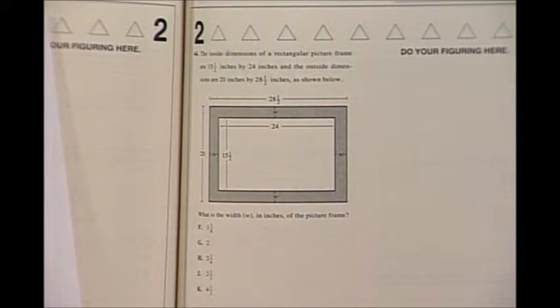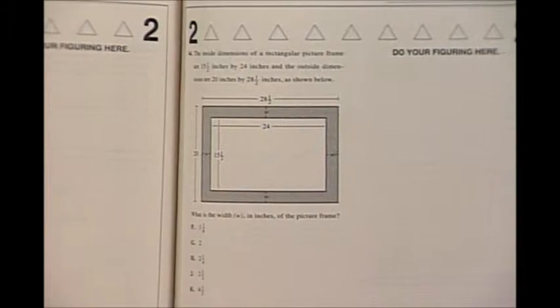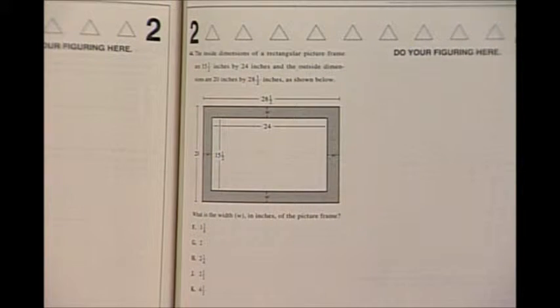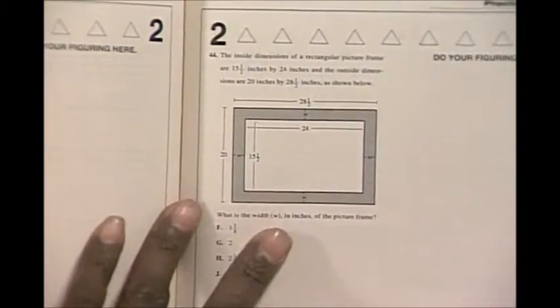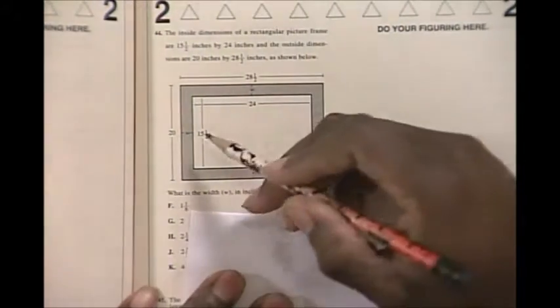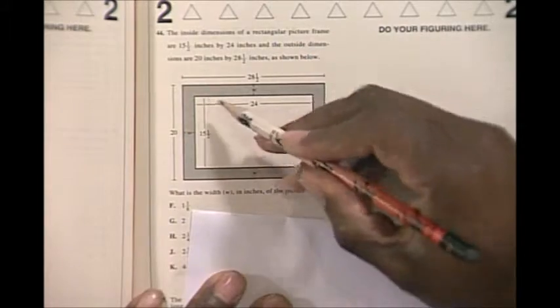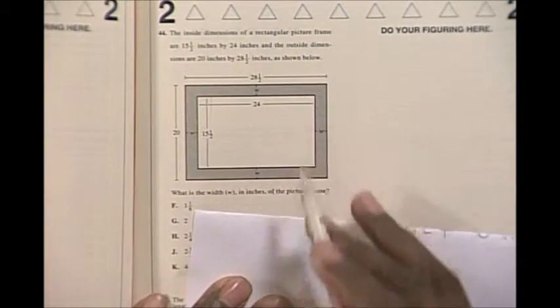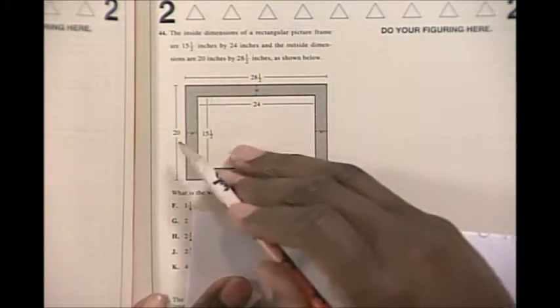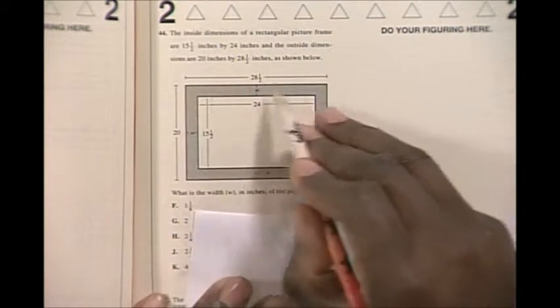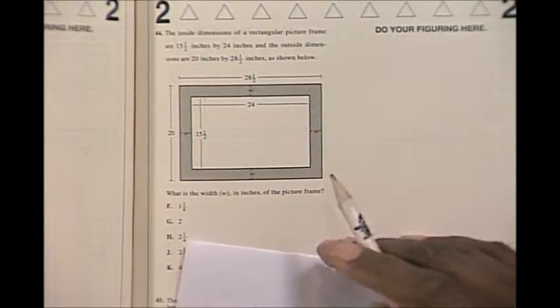This is a problem. It says the inside dimensions of the rectangular picture frame are 15 and a half by 24. The outside dimensions are 20 by 28 and a half.